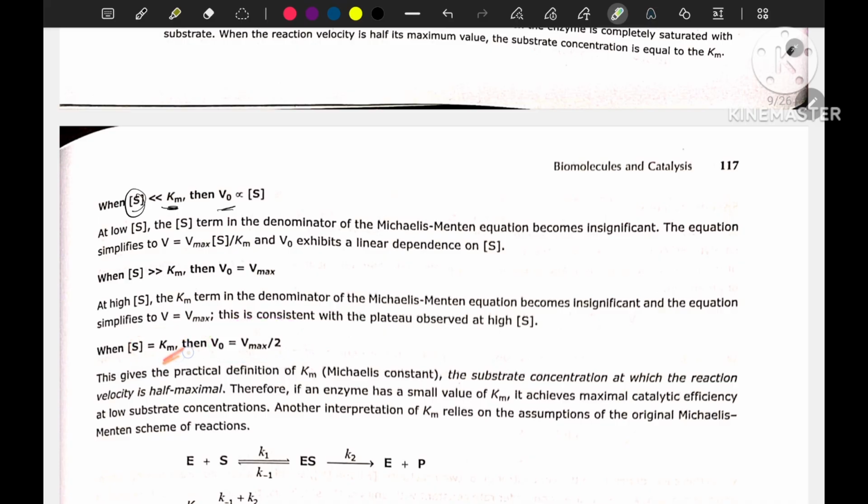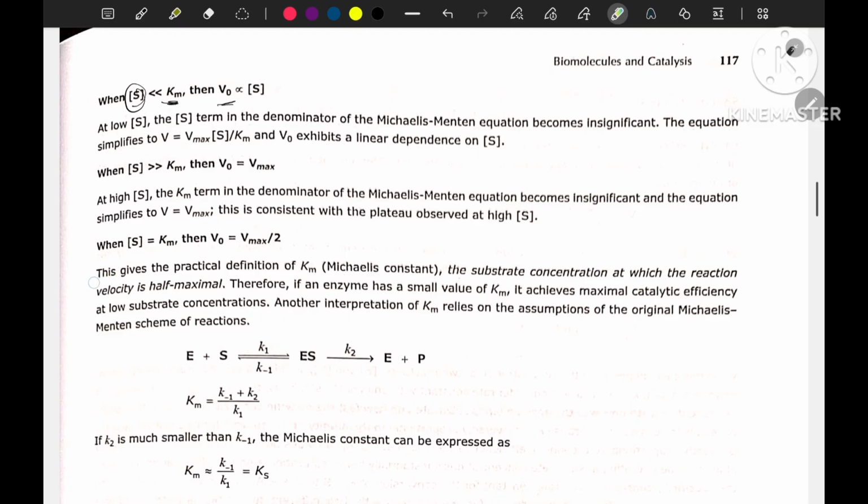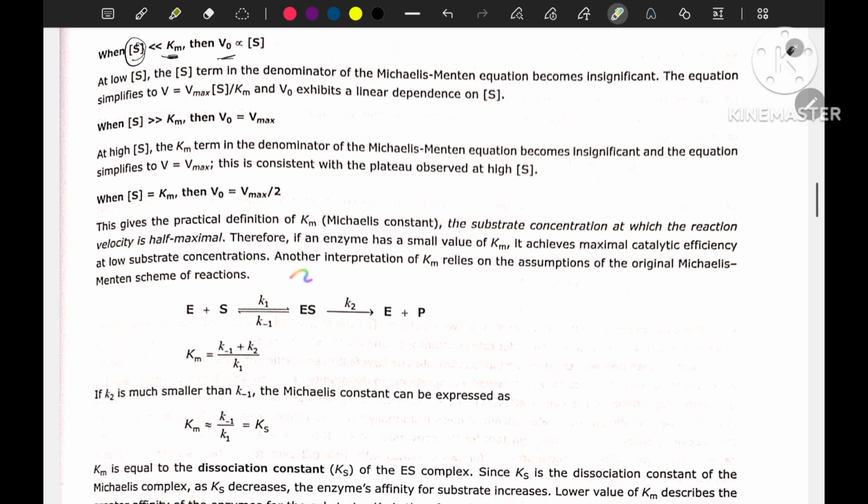That is the statement for finding out the Km. This gives the practical definition of Km: the substrate concentration at which the reaction velocity is half maximal. Therefore, if an enzyme has a small value of Km, it achieves maximal catalytic efficiency at low substrate concentration.